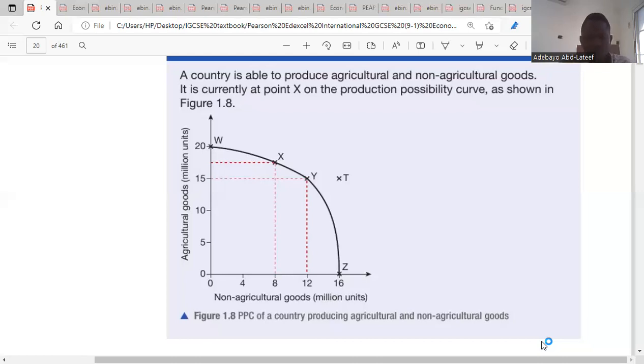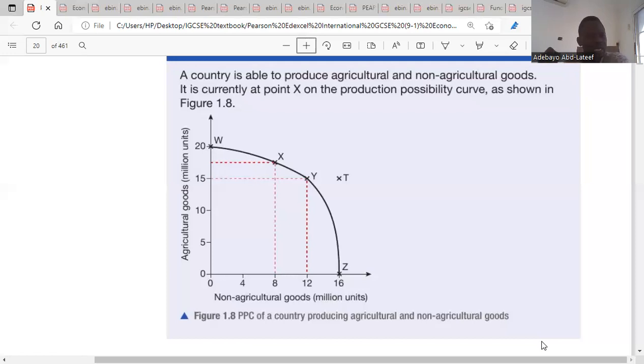So if the country is moving from point X to Y, it means that the country will be able to produce 12 million. Are you there, girl? It will be able to produce 12 million goods. That's an increase of what? 4 million. Please, are you with me? Yes. That means there will be an increase of 4 million in terms of non-agricultural goods, from 8 to 12 million.